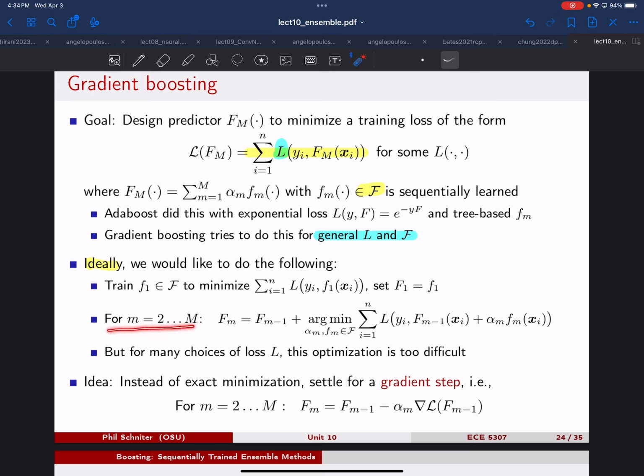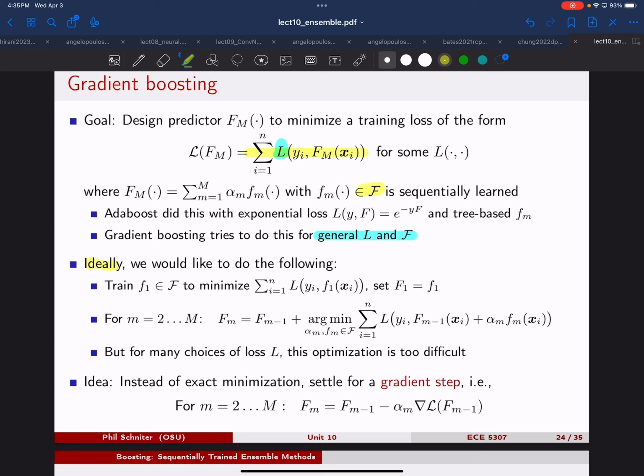Then we want to go through all the remaining stages, and we are always going to take our previous boosted classifier and add on to it alpha times F_M to get our new one. But the alpha and F_M that we design, we want to minimize this loss.